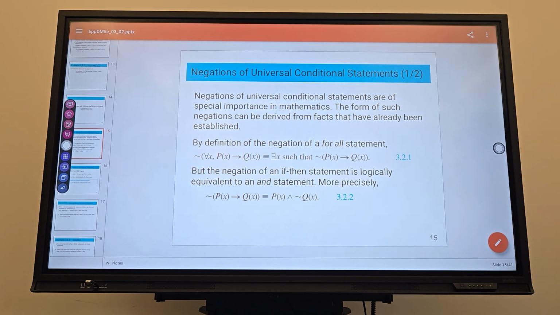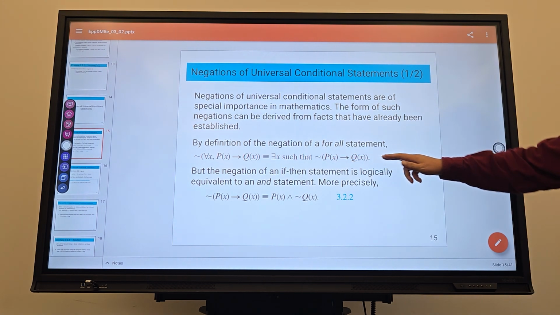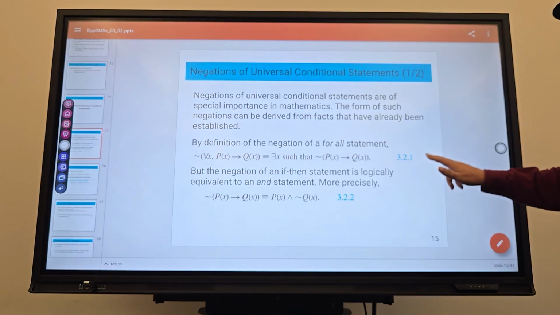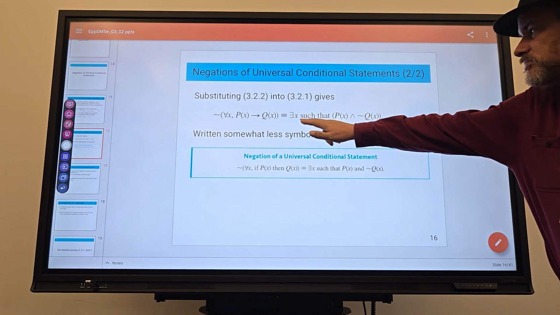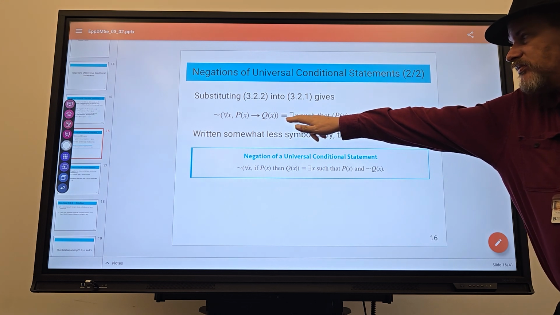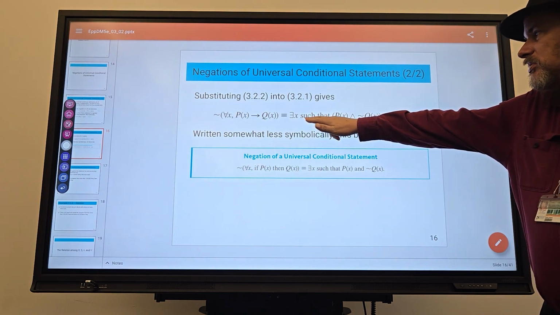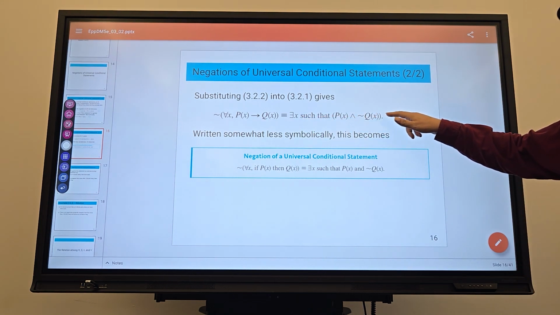But if you look at the negation of a conditional from chapter 2, you get this form. So you can say the negation of the universal conditional statement is: there exists an x such that p of x and not q of x.